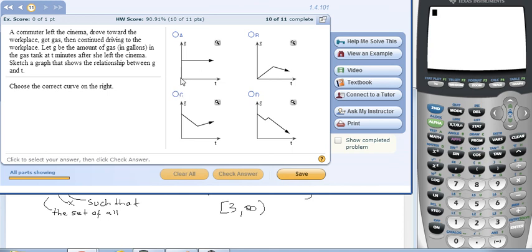So as we move to the right, T increases, so that means the clock is ticking, right? And as the clock ticks, something happens to our gas, right? If we stay still, as in this picture, the gas in our car is always the same. That means we're parked. We're not going anywhere, correct?